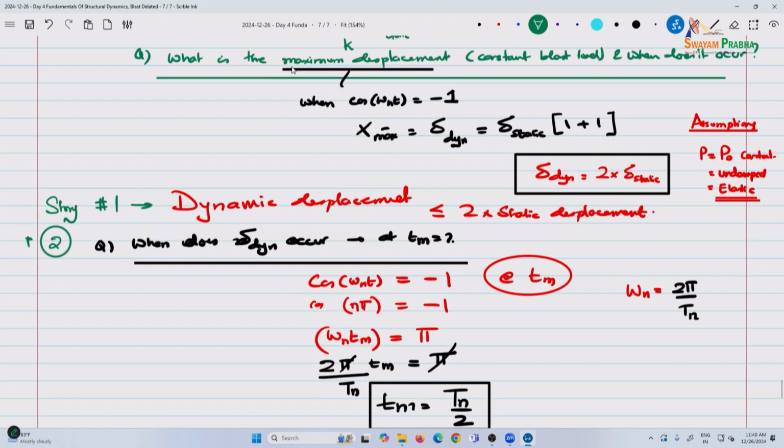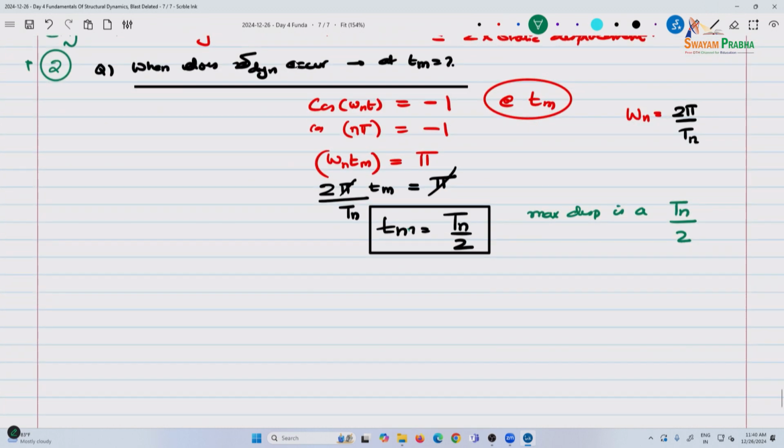And here it occurs at Tm. So, max displacement is at Tn by 2. So, what is an important thing? Everything seems important. I seem to use that word.